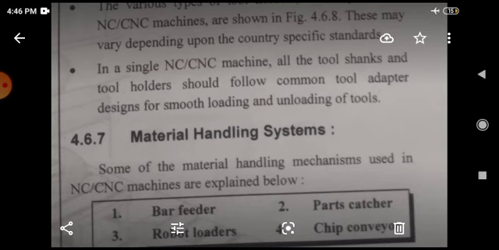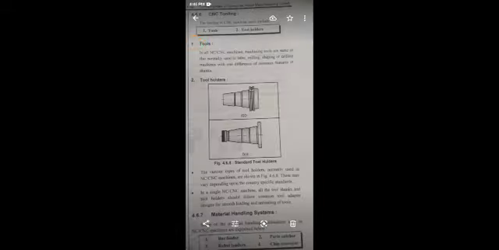Next one is material handling system. Okay, material handling is what once you finished any component or workpiece, then the next workpiece must be on your work table for the machining purpose.